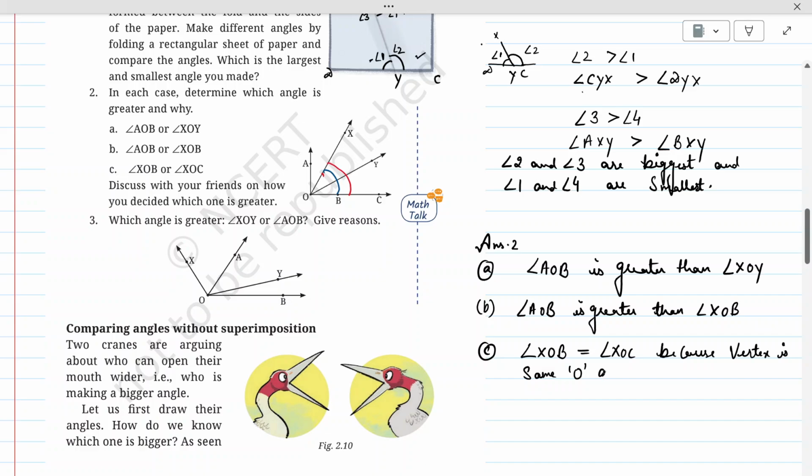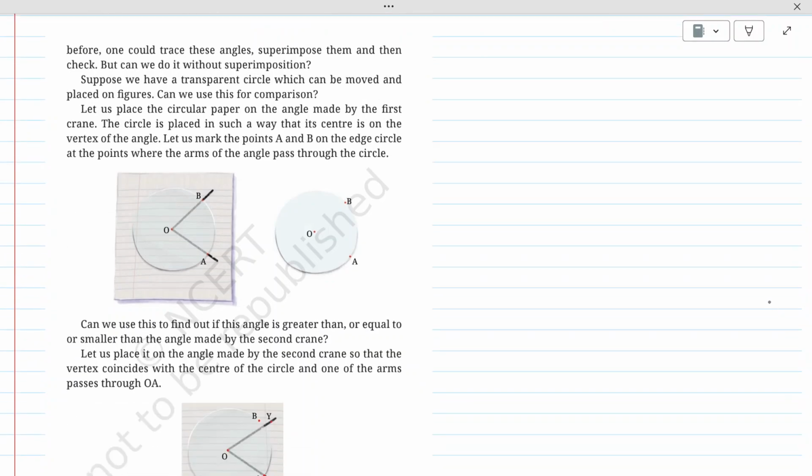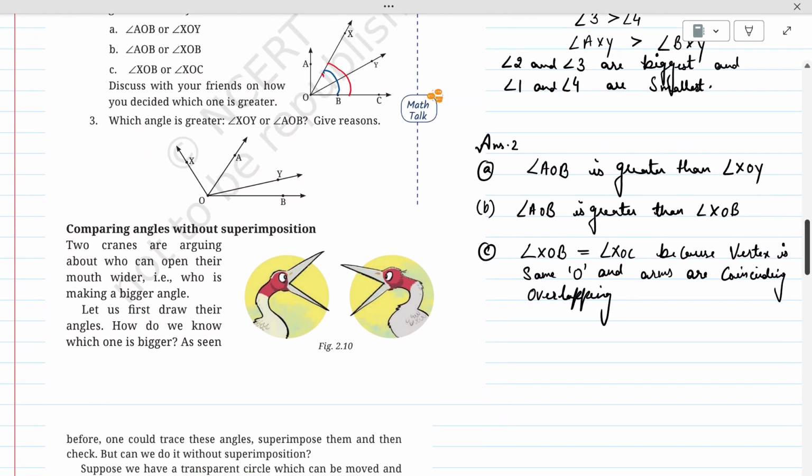O. And the arms are coinciding, or you can say they are overlapping.